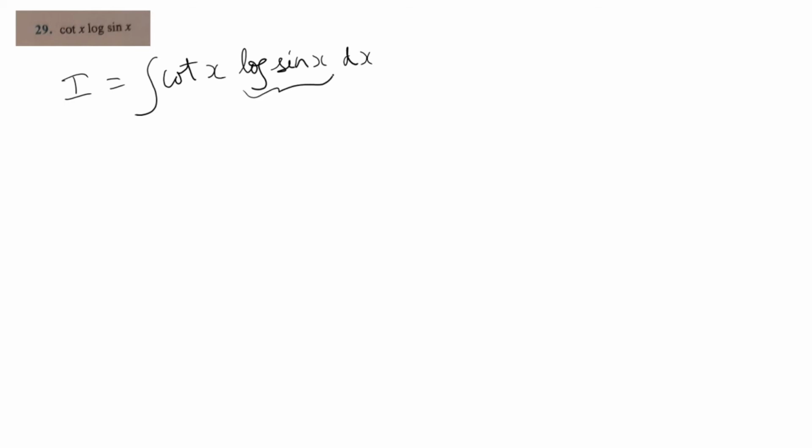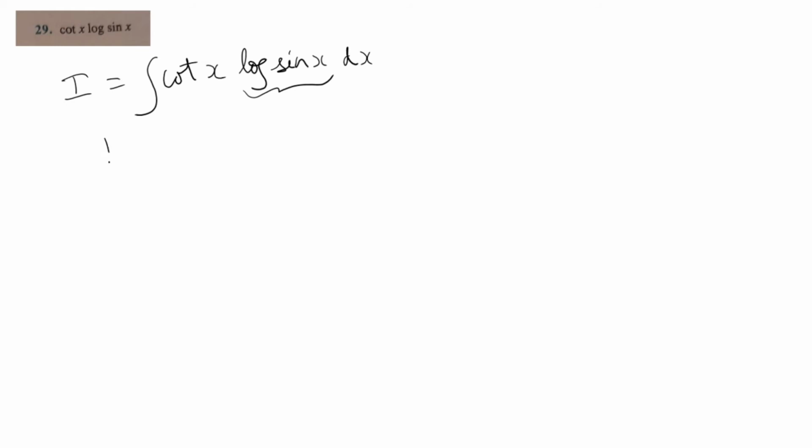The next question is cot x log sin x. Let us take I is equal to integral cot x log sin x dx. By seeing this, if we differentiate log sin x, we will get cot x dx.